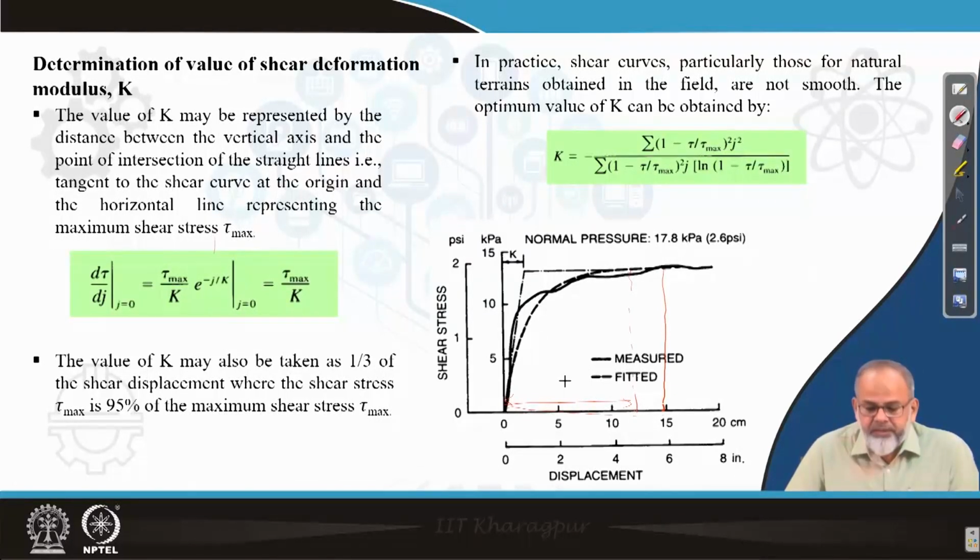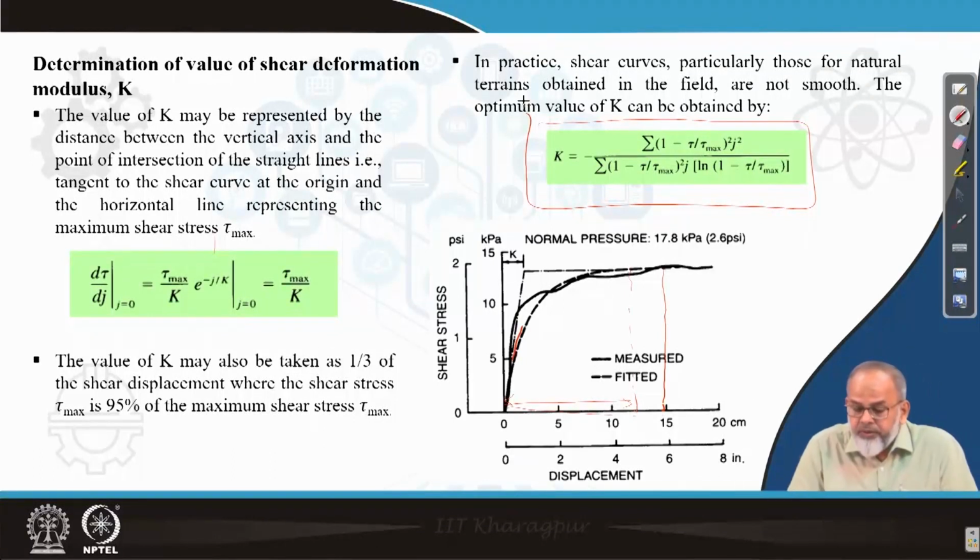But in actual practice, though I have drawn a very nice curve and fitted an equation, the shear curves are not that smooth. So in order to get an optimum value that will minimize the errors in representing this curve, it can be obtained by this equation.